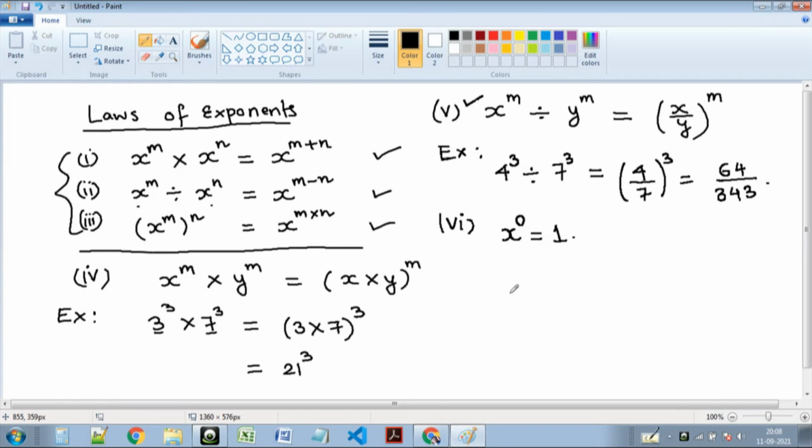This is the law number 6. So we can take one example, just suppose one number is there, 5 to the power 0. So it is ultimately equals to 1. Nothing we have to solve here.